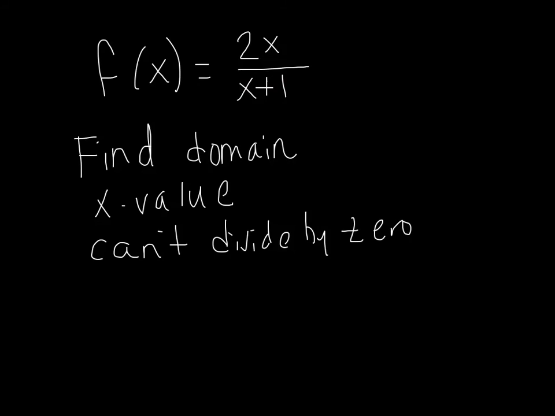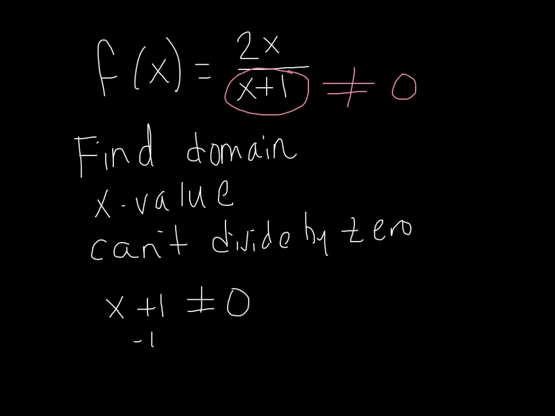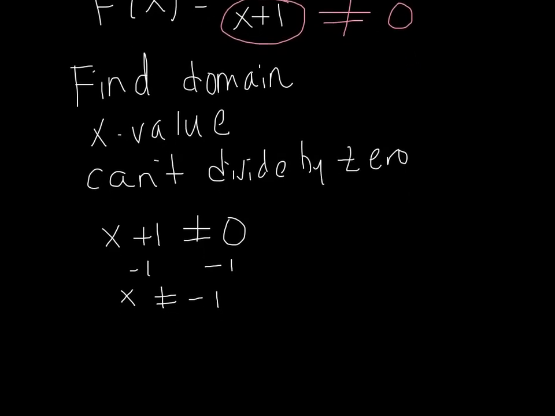So we take a look at this right here, and we say that whole value cannot be 0. So if I have x plus 1 cannot be 0, and I solve that, I have x cannot be -1. And that's the domain of this rational function.